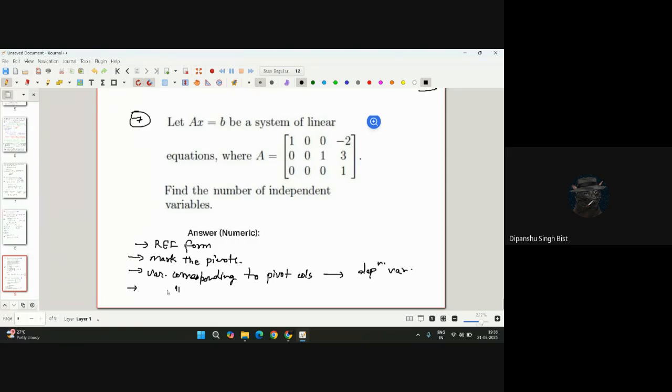Whereas the variables corresponding to the non-pivot columns are your independent variables.